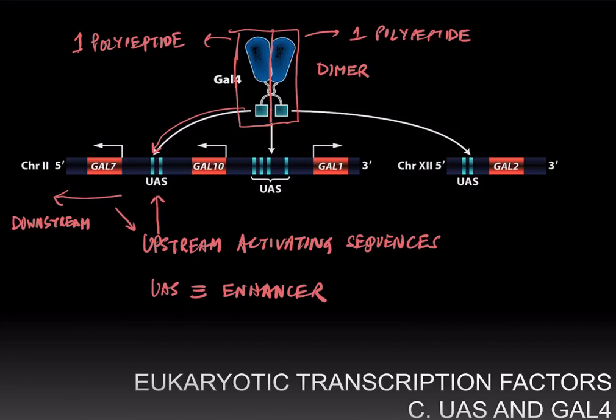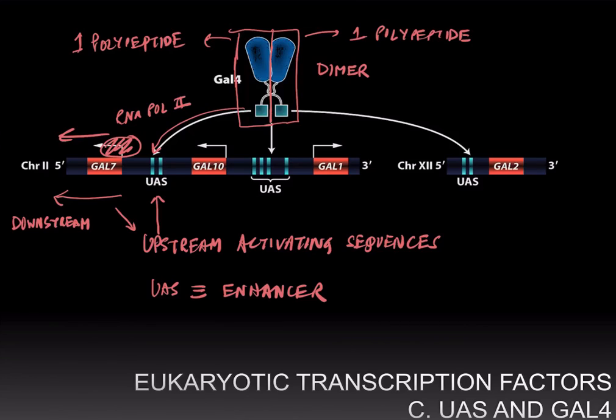And what the GAL4 protein does is it recruits RNA polymerase to the GAL7 or all the GAL promoters to initiate transcription at a rapid rate, so that these GAL genes are transcribed when galactose is available to the cell.